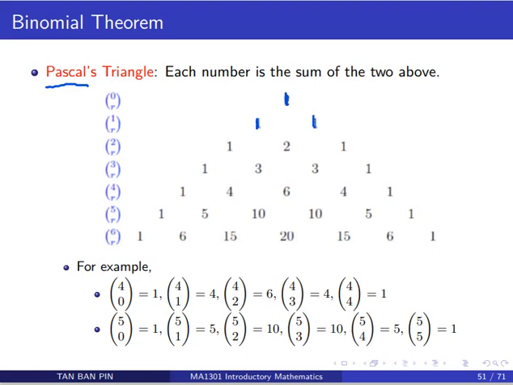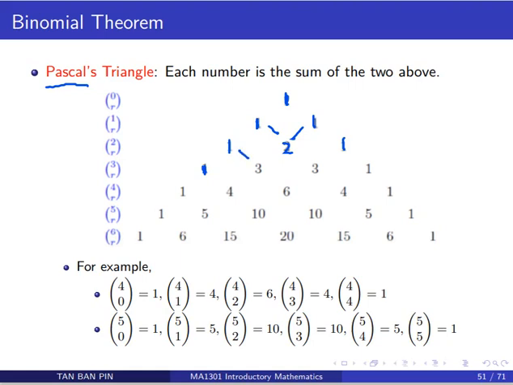The first 2 rows are 1, then 1, 1. And then the third row is 1, 2, 1. Basically, for each row, the first number is 1. And how to get the remaining numbers? Let me tell you how to get 2 first. 2 is from adding 1 and 1: you add the 1 to the left and to the right in the previous row, you get 2.